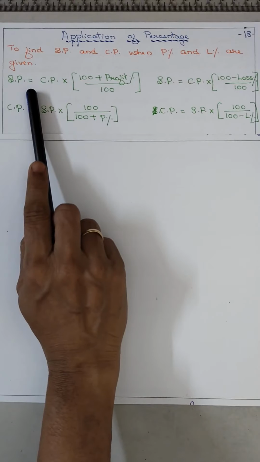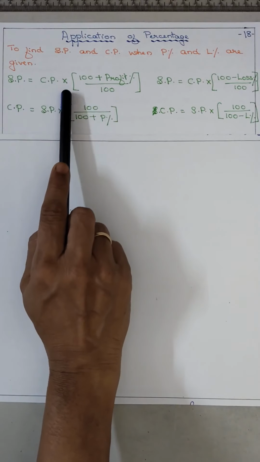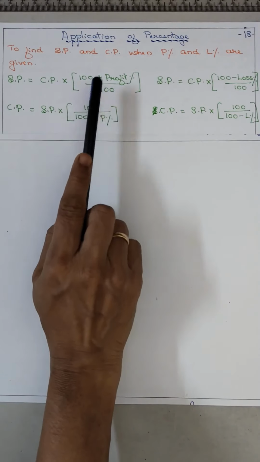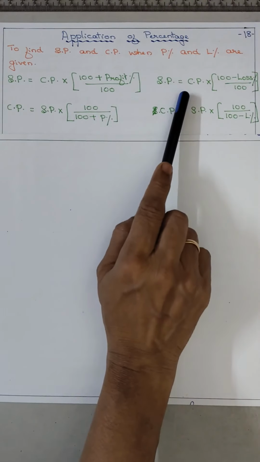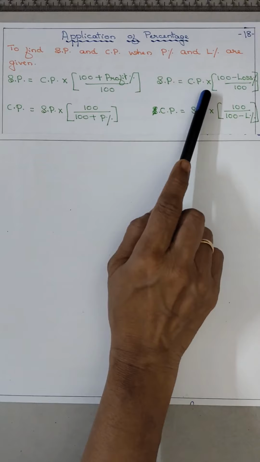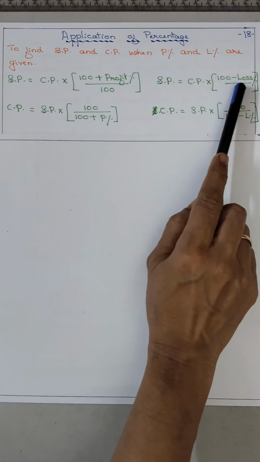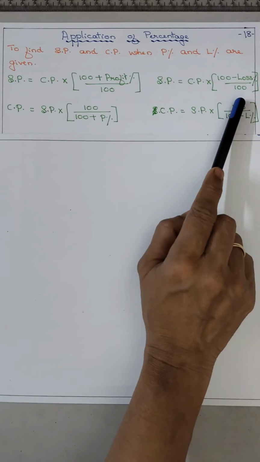SP is equal to CP into (100 plus profit percent) upon 100. And when loss percent is given, SP is equal to CP into (100 minus loss percent) upon 100.